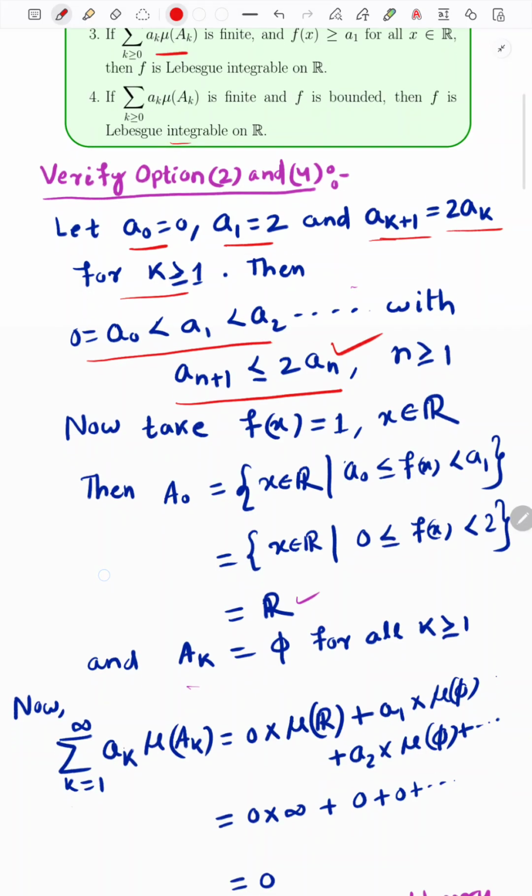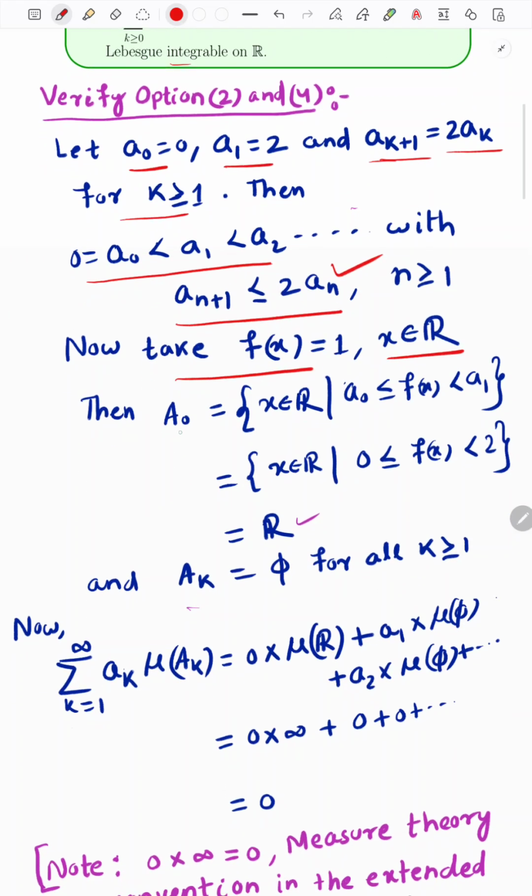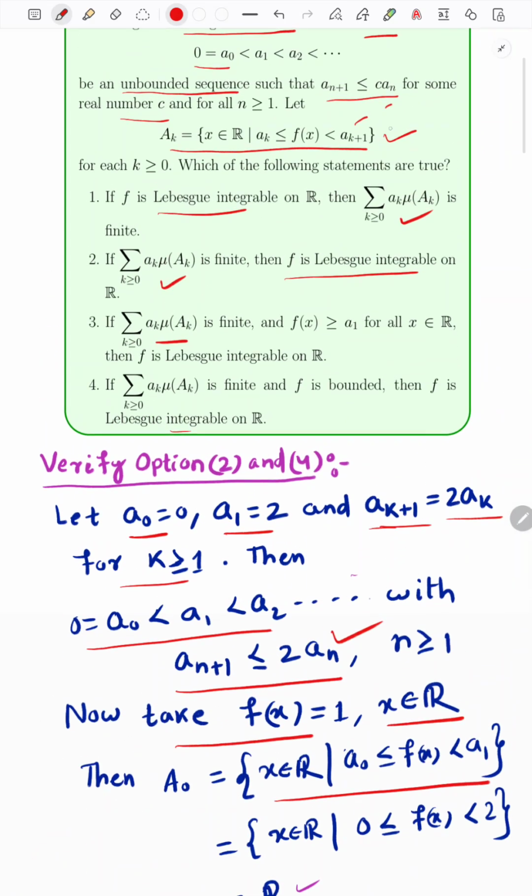Okay. Then we will define the constant function f(x) equal to 1 for all x belonging to the real number set. Then if you calculate, the A0 set is nothing but this one. Okay, it is coming from this definition.